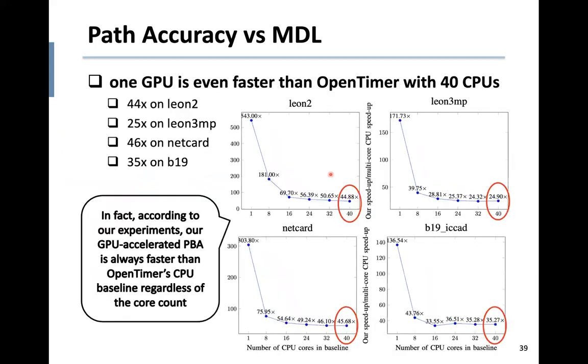And this slide compares our runtime with OpenTimer at different CPU numbers. In our algorithm, we always use one CPU to collect the result from GPU at each level. So increasing the number of CPUs does not change our runtime, but it reduces the runtime of OpenTimer because OpenTimer has a many-core CPU parallel PBA algorithm.